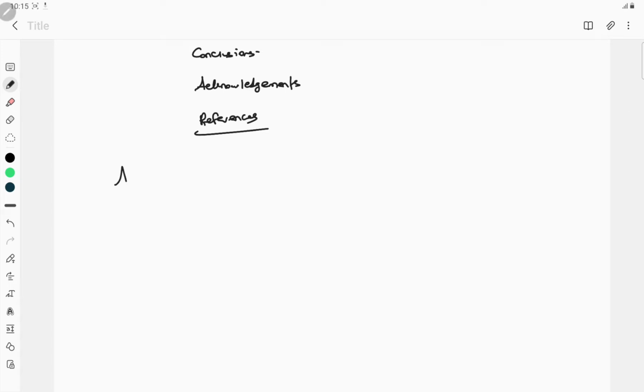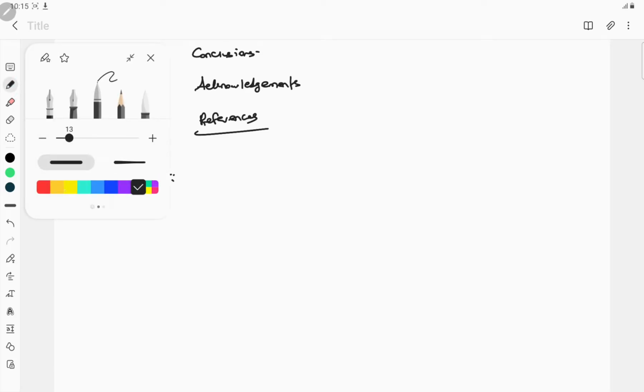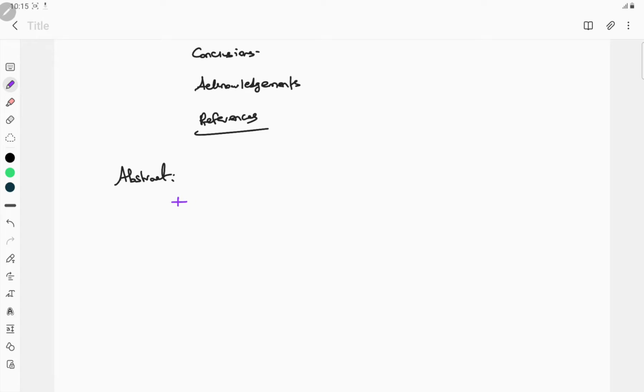So first one is abstract. At the end of reading an abstract of any article, you will find the following information. One is what is the objective of their research work. Then you will be knowing some of the important, not all the information, some information related to the experiments that they have conducted, and then you will be having information related to the major findings.